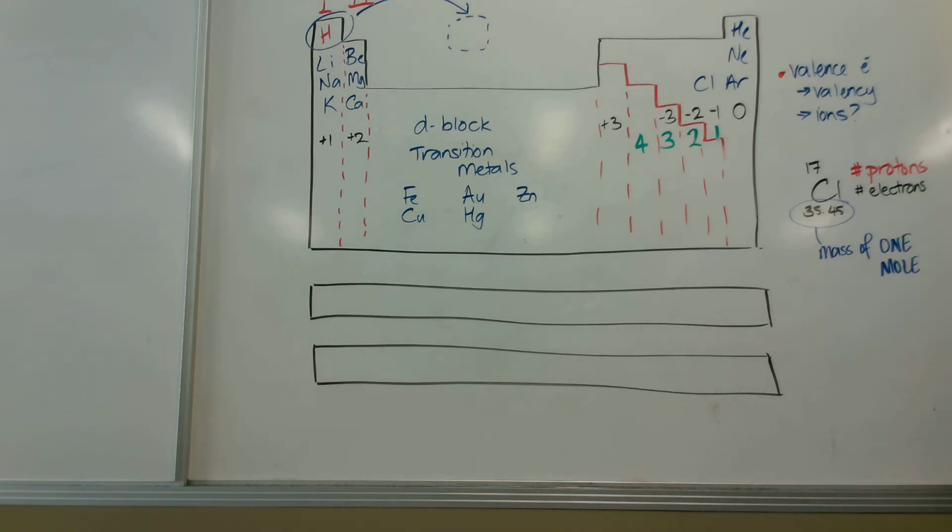Now, a mole's a big, big, big number, basically 6 times 10 to the power of 23. It's a huge number. It's the number of carbon-12 atoms in 12 grams of carbon-12. That's the way it's defined. Okay? So how does that work out? It's 35.45 grams is how much 1 mole of chlorine atoms weighs.